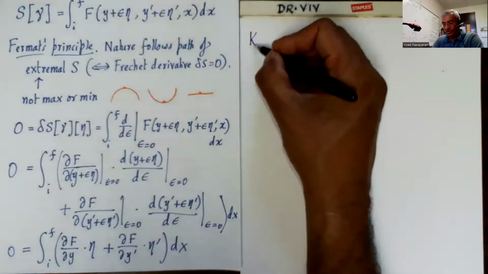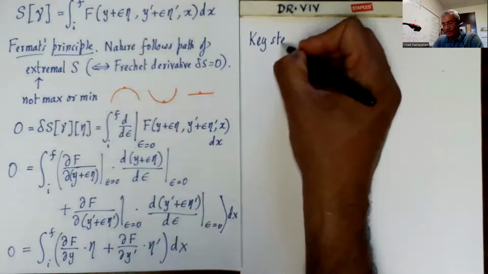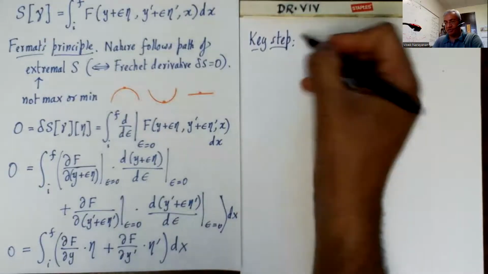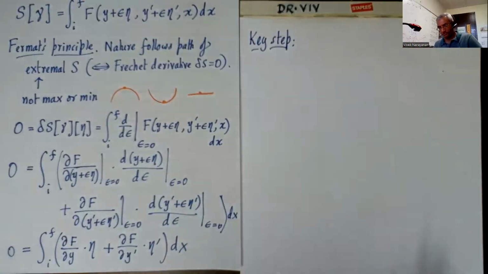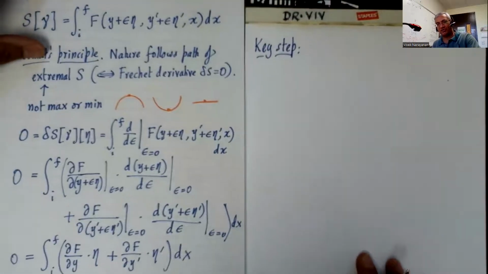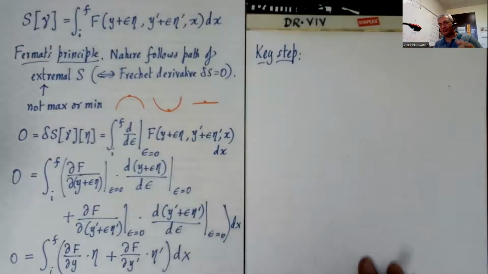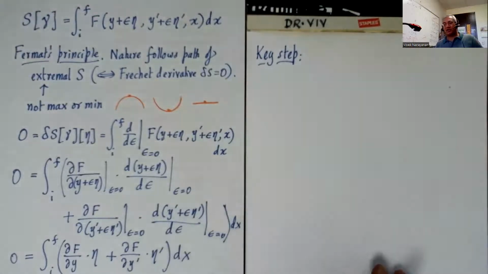This next step is a key step in almost every calculus of variation problem, no matter how sophisticated. Once you get into mathematics, you have all these variational principles in functional analysis, in differential geometry, in non-standard Riemannian geometry. There's all kinds of sophistication that will come in here, and you can't even recognize it as an action principle. But there's always one key step that's common to all of them.